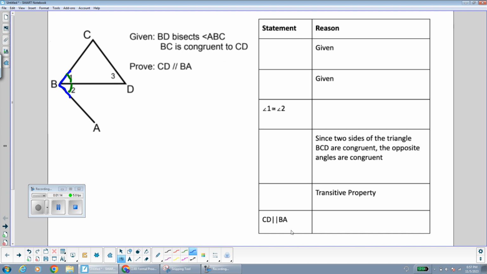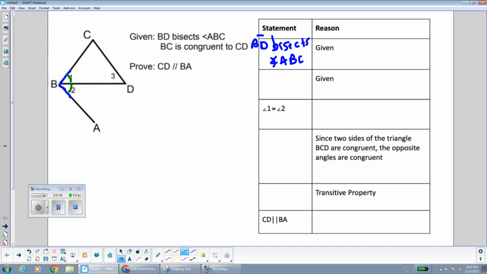Since I do have a chart already started over here, I'm going to fill in the corresponding given information and the conclusion that we just drew. So we just started with the information that BD bisects angle ABC, that was given. We always start a proof with our given information because that is the basis for all of our further conclusions. They're all based off of what we have in the givens and our logic and reasoning.